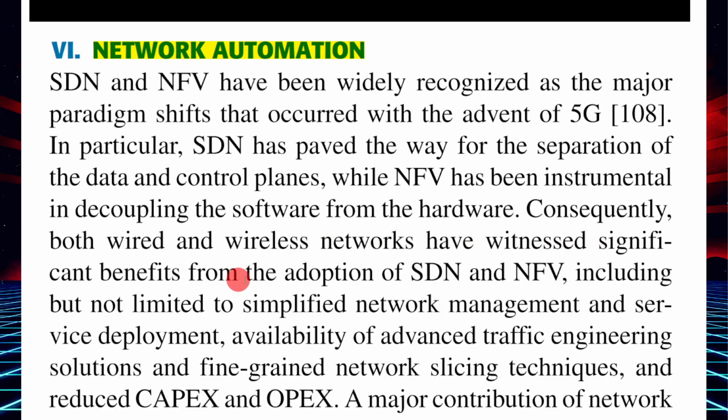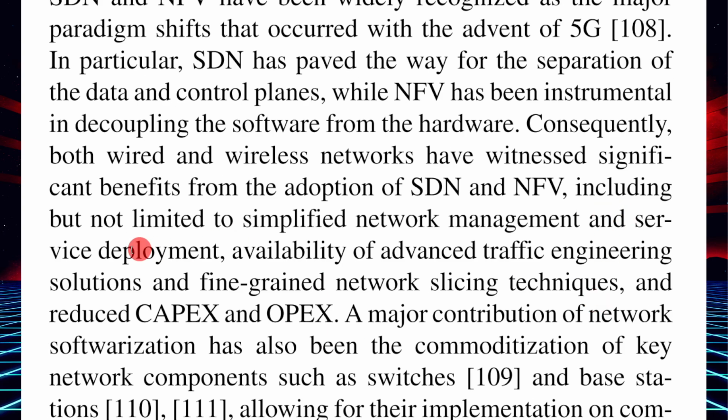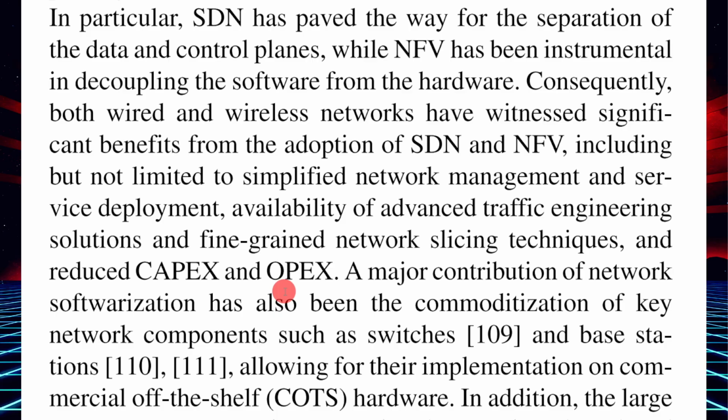Consequently, both wired and wireless networks have witnessed significant benefits from the adoption of SDN and NFV, including but not limited to simplified network management and service deployment, availability of advanced traffic engineering solutions and fine-grained network slicing techniques, and reduced CapEx and OpEx.